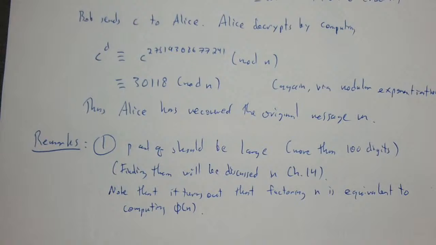And so it turns out that this problem of factoring n is essentially as difficult, or of a similar difficulty, to computing phi of n, where this n is huge.